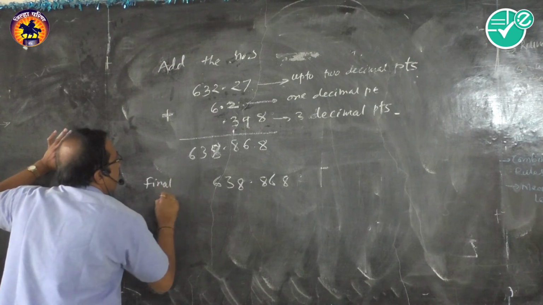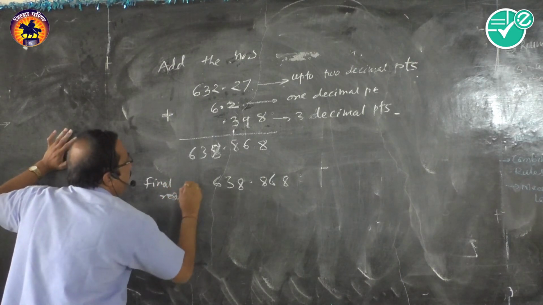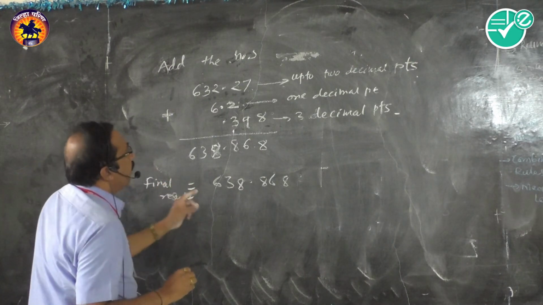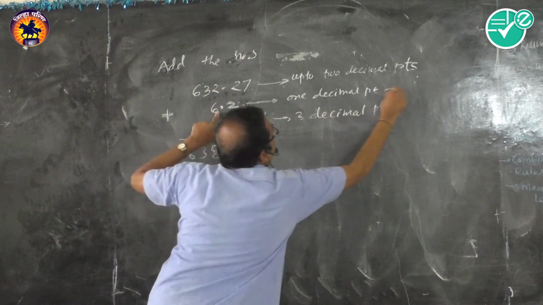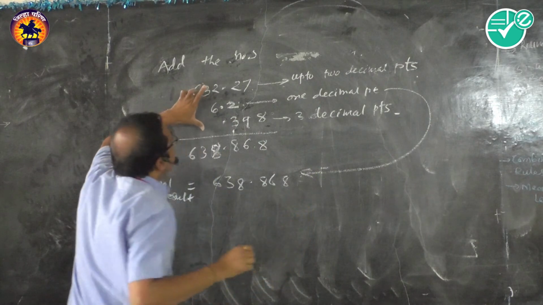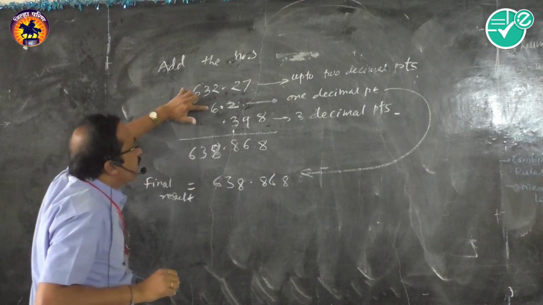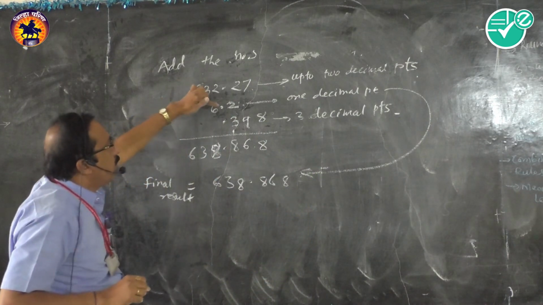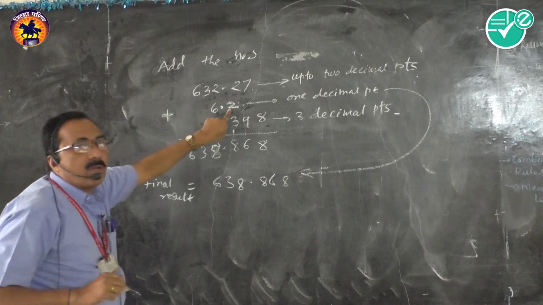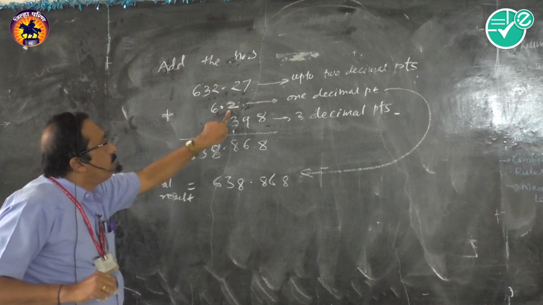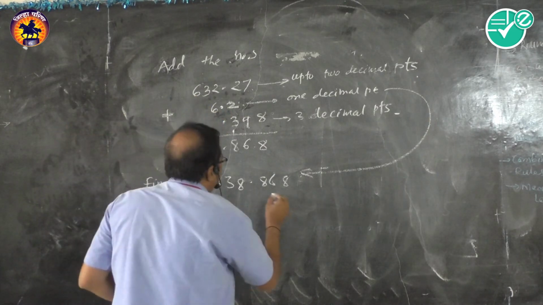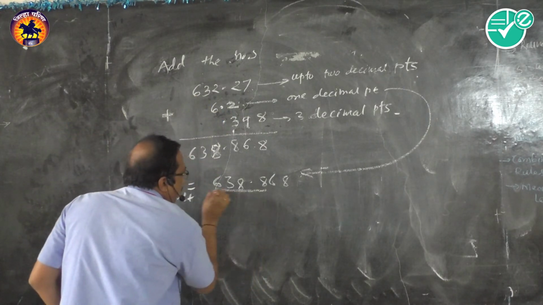Don't write this as the final result. The final result should be up to 1 decimal point only. So in the given data, which number has minimum accuracy? This is the minimum accurate number, corrected up to 1 decimal point only. Therefore, the final result should be up to 1 decimal point.